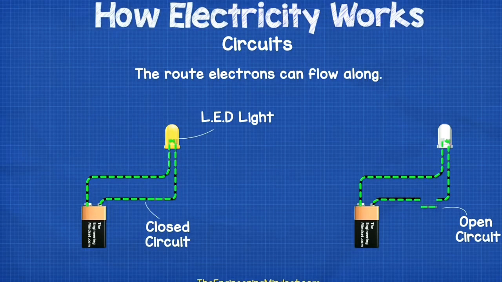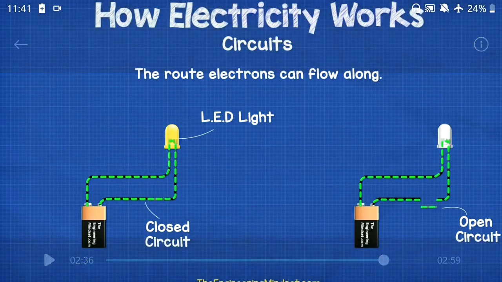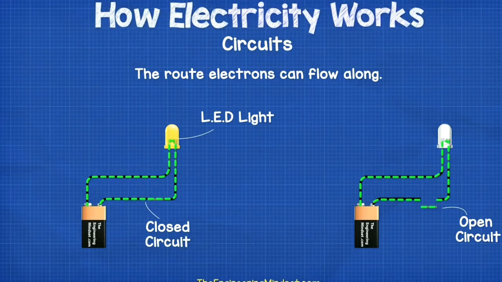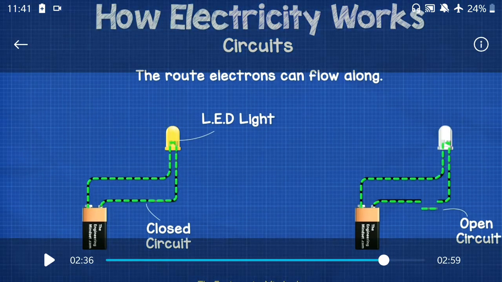So for this load to be operated, we have to have the connecting wires properly connected to the external power source. The major concern about the circuit is that the circuit should always be a closed circuit. In any open circuit, like the right circuit, current will not be flowing.